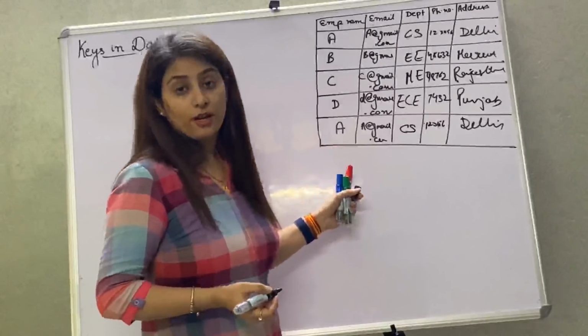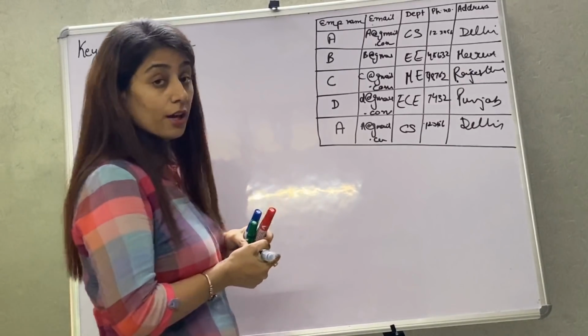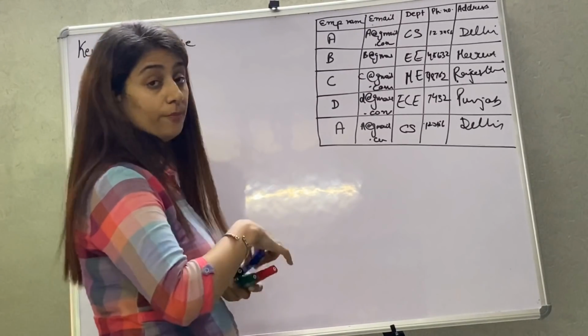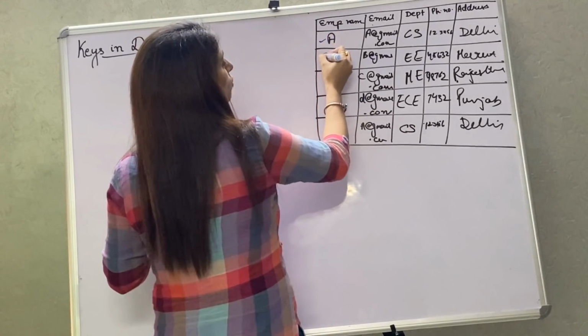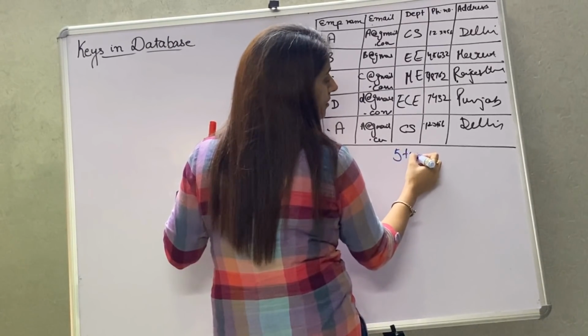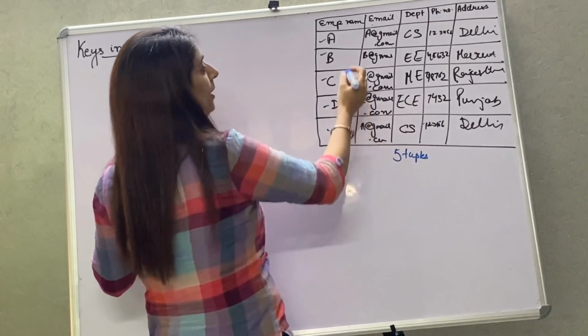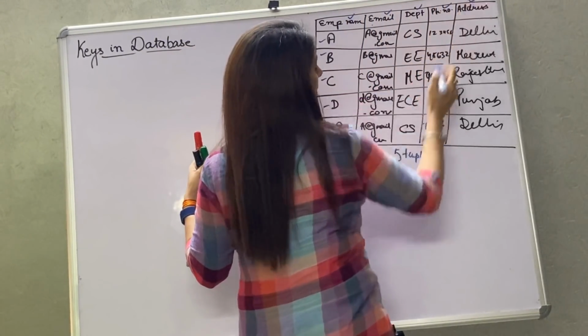If you look here, how many tuples are there? Look carefully: 1, 2, 3, 4, 5. So I have 5 tuples. How many attributes? 1, 2, 3, 4, 5 attributes.